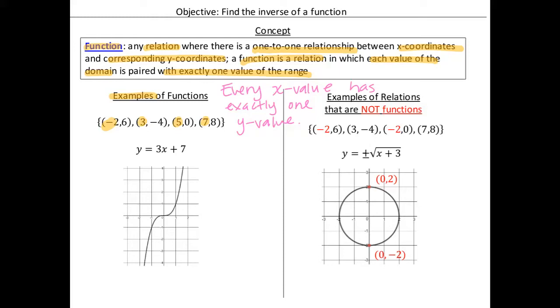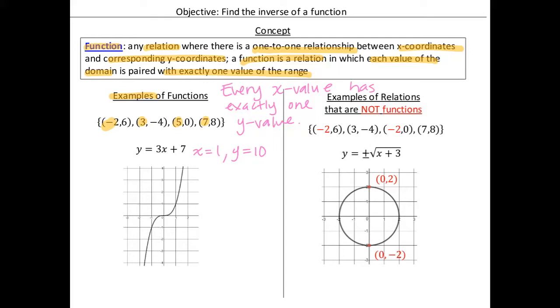In an equation, I can plug in an x and I'll still get one y. So here, if I plug in x equals 1, 3 times 1 is 3. 3 plus 7 is 10. So my x of 1, I only got one output out of it. I got a 10 out of it, okay?